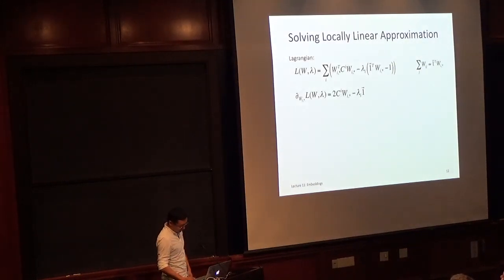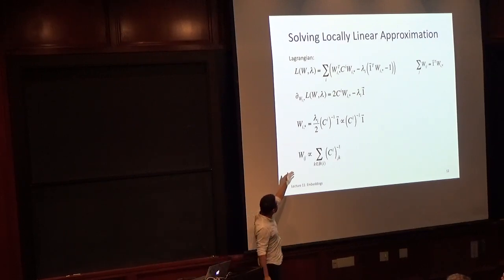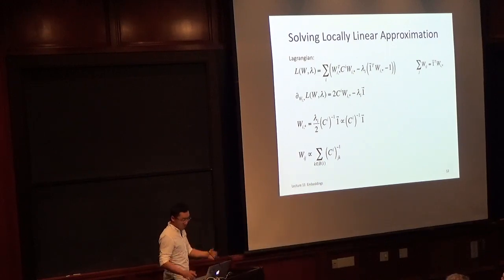So we take the gradient. We can write out the Lagrangian. Take the gradient, solve for it equal to 0, and you can show that each Wij is proportional to that formula. There's nothing very magical going on here.